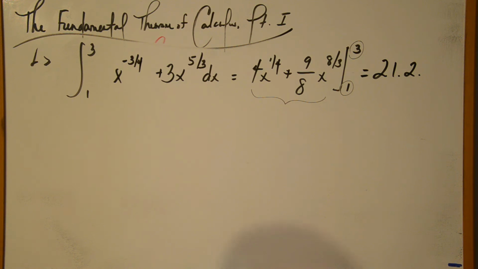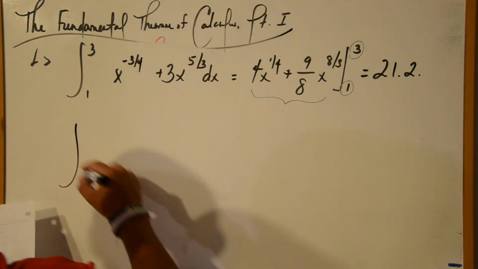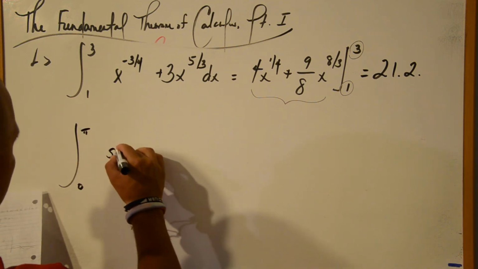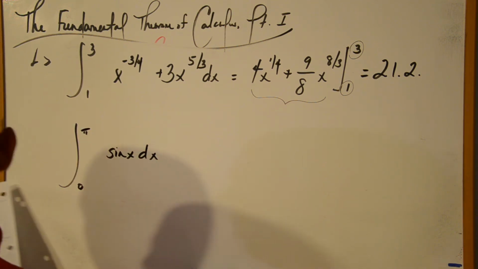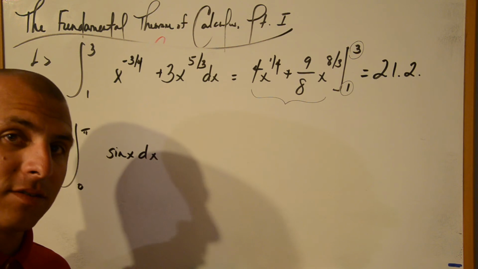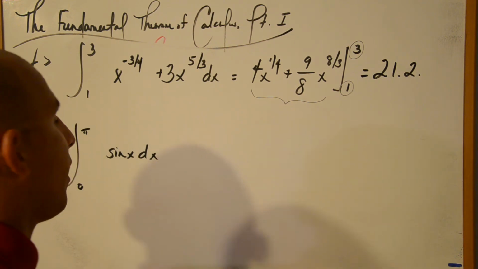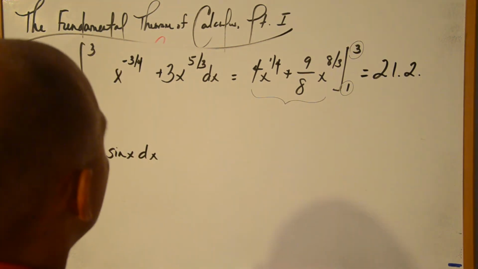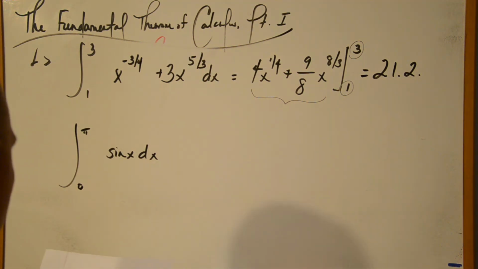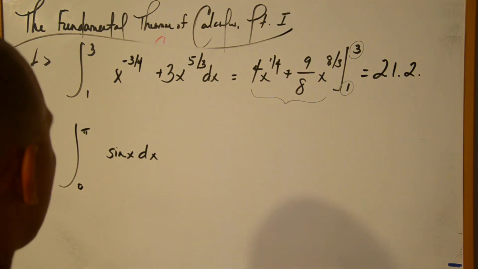Now, let's take a look at an interesting one. The integral from 0 to pi of sine of x dx. If you think about this as a unit circle, your intuition should tell you what the area is of this function. And if you are not, that's also okay.